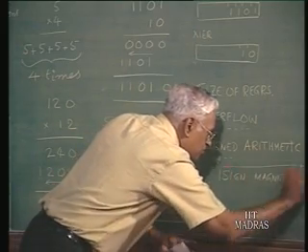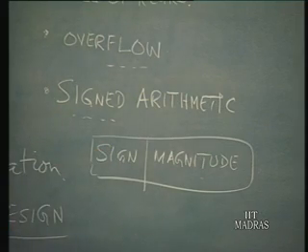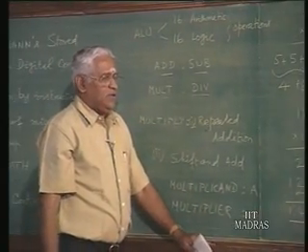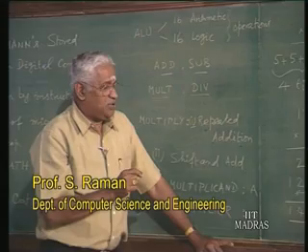So there are 2 parts. The algorithm for the magnitude is just what we had considered in all these things, without taking the sign into account. So the algorithm for the sign must also be taken into account.